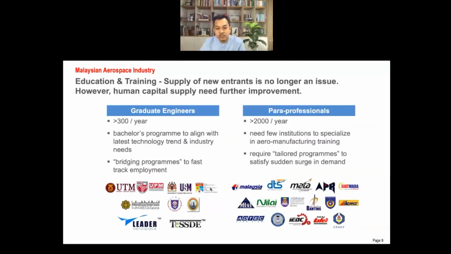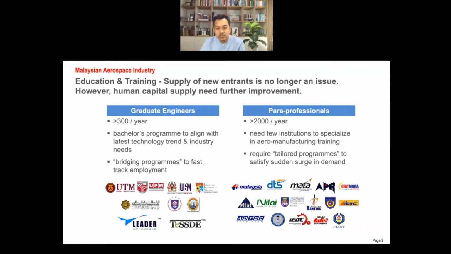Okay, looking into education and training. As all of you know, there are main universities such as UTM offering a Bachelor of Aeronautical Engineering. We have UPM, USM and UIAM offering a Bachelor of Aerospace Engineering.